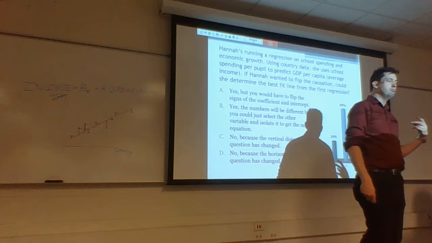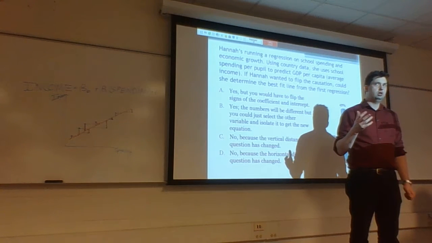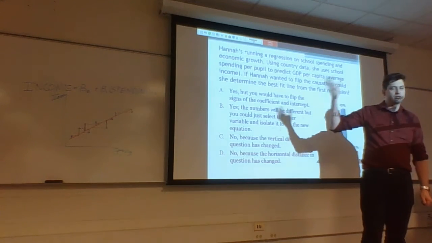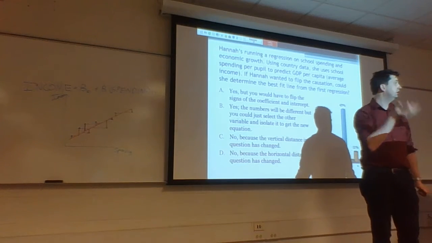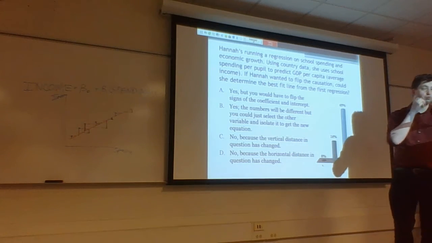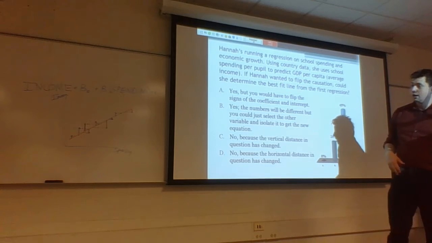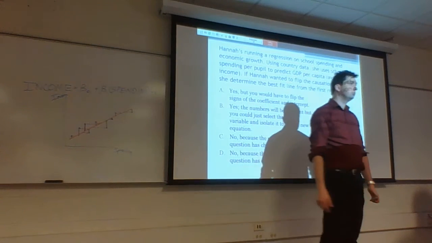If it doesn't matter, if you could just solve for x, if you could just swap everything around, then that observation should still be on the line regardless. But obviously it was not, right? Because we had to get a whole new line, because our vertical distances have changed. Any questions?